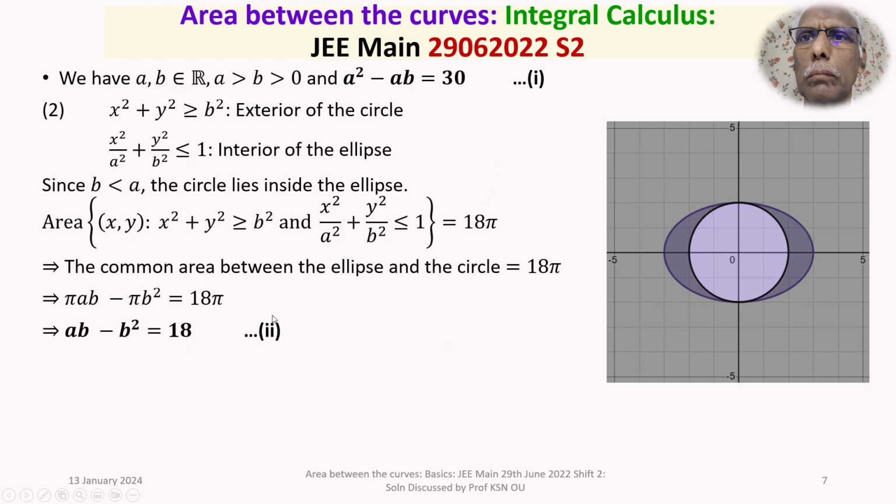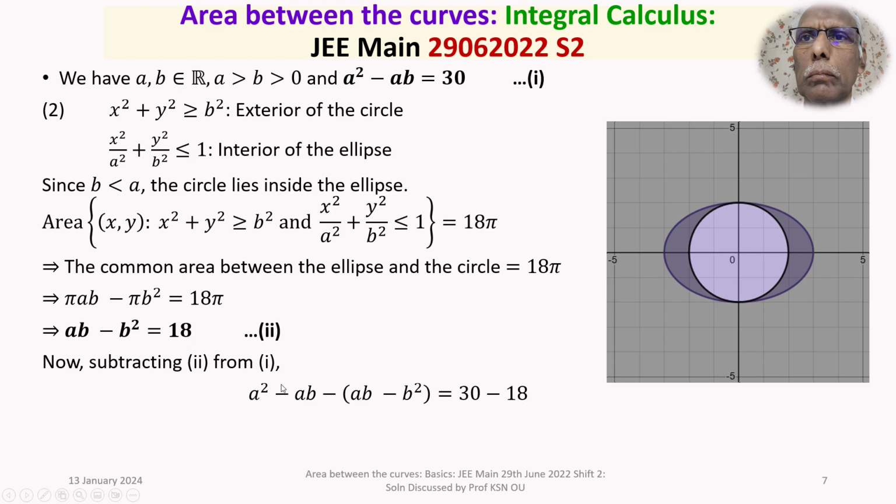So from 1 and 2, how do we get a minus b whole square? Subtracting 2 from 1, we get a square minus ab, that is 1, minus the second one, in brackets ab minus b square, is equal to 30 minus 18, that is 12.